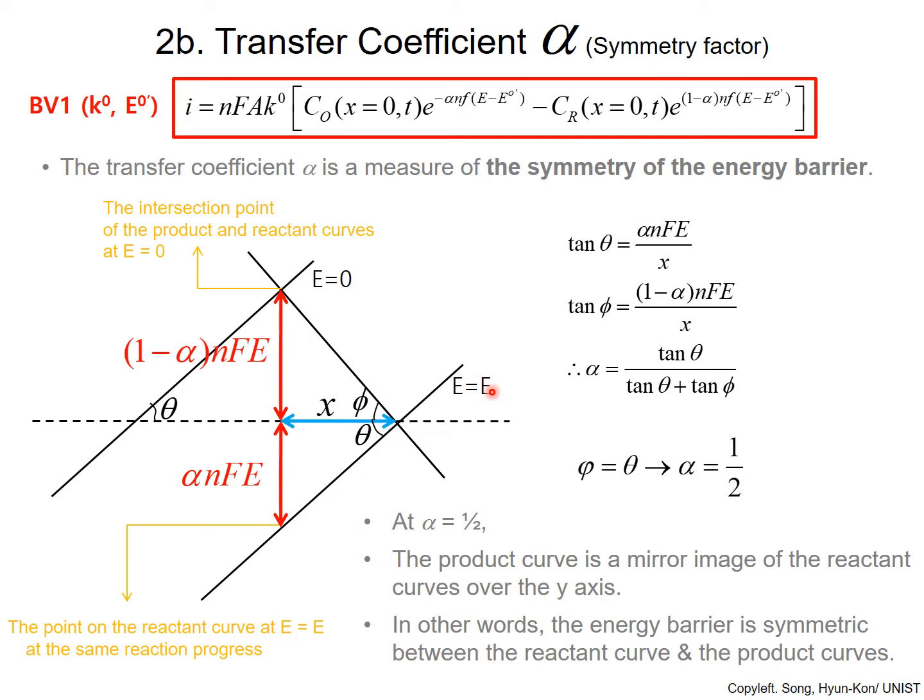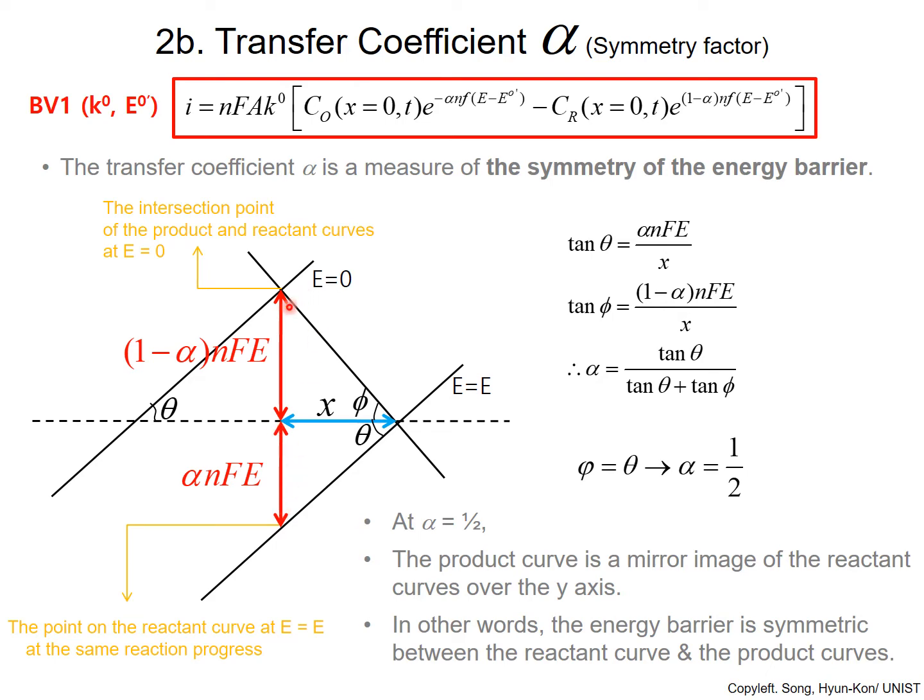Then let me think about this line. From the intersection point of the product and reactant curves at E equal to 0, to the point on the reactant curve at E at the same reaction progress, this line can be split into two sections.